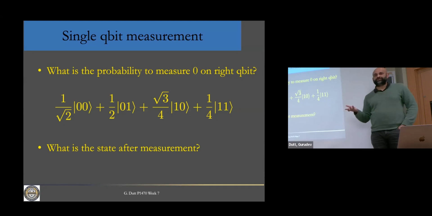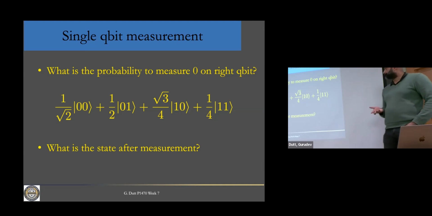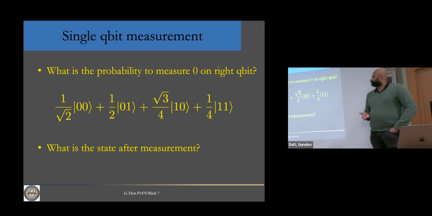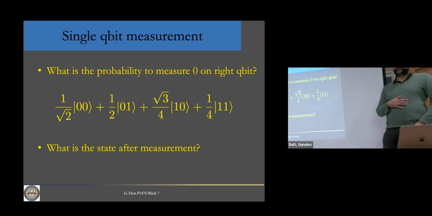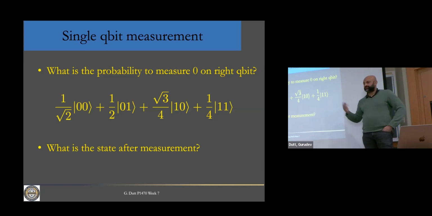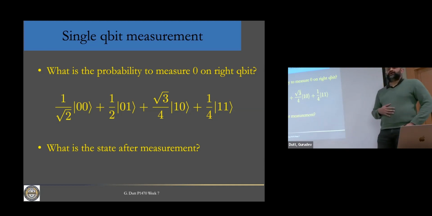What happens if you measure 0 on the right qubit, and what is the probability? Yes, it is 11/16. And obviously the other one was 5/16. Did you find the state after?